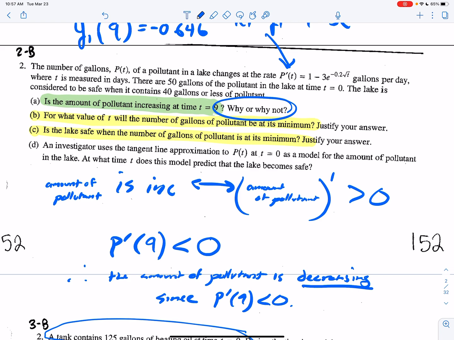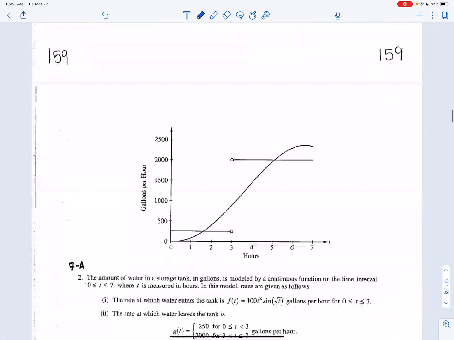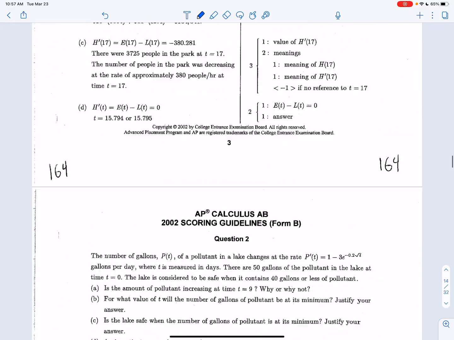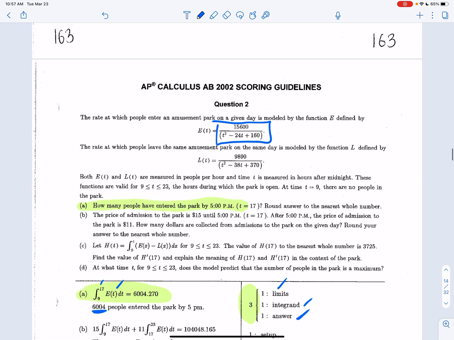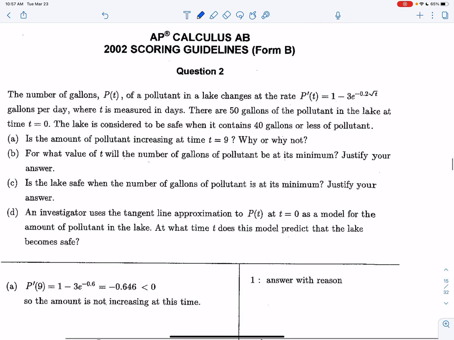So when you want to find out if something is increasing or decreasing, you check its derivative, whatever it is, okay? Let's take a look at the point system here for 2002B. Is the amount of pollutant increasing?